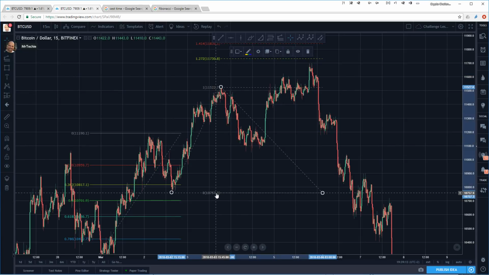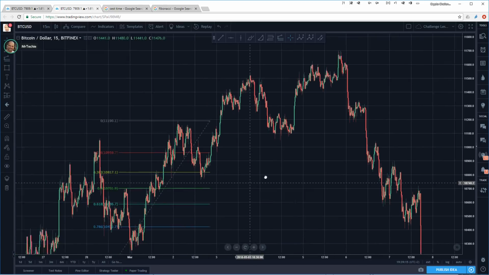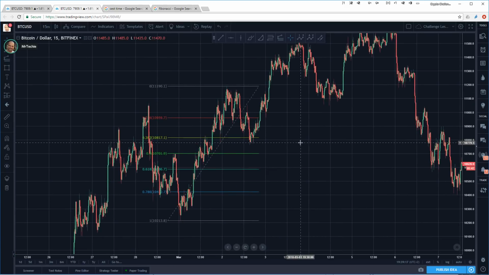One hint that I would like to share with you guys is this. When you use the Fibonacci retracement or the Fibonacci extension, in the brackets next to the Fibonacci numbers is the actual price. So here it says 10,817, which is exactly where we are.